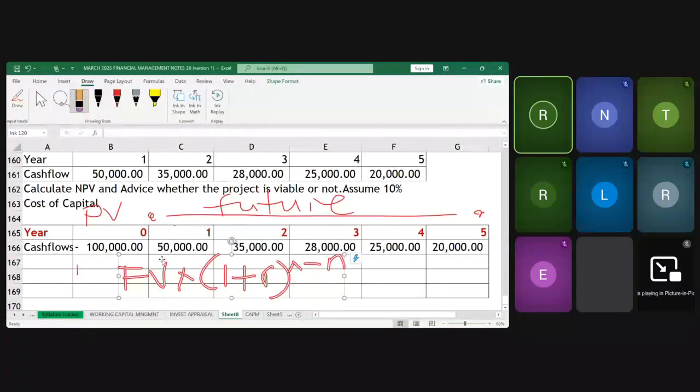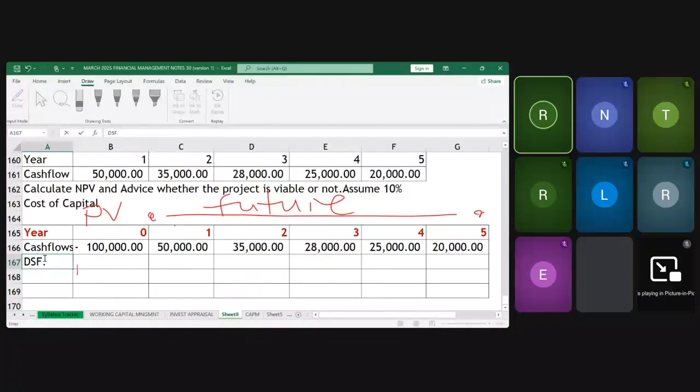Let me just remove this. Right, so discount factor, I'm going to have my discount factor equal to open bracket 1 plus r. Our discount rate is 10%, it's 1.1, to the power, shift 6 minus 0. I click on year zero there, as you can see, if it's visible.